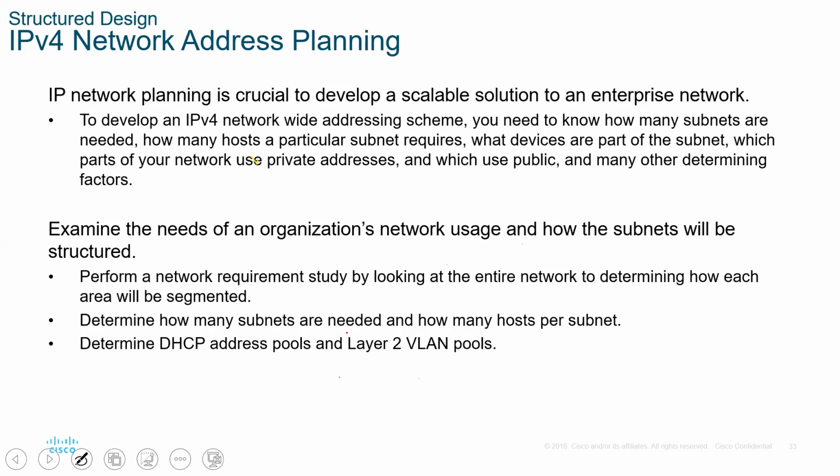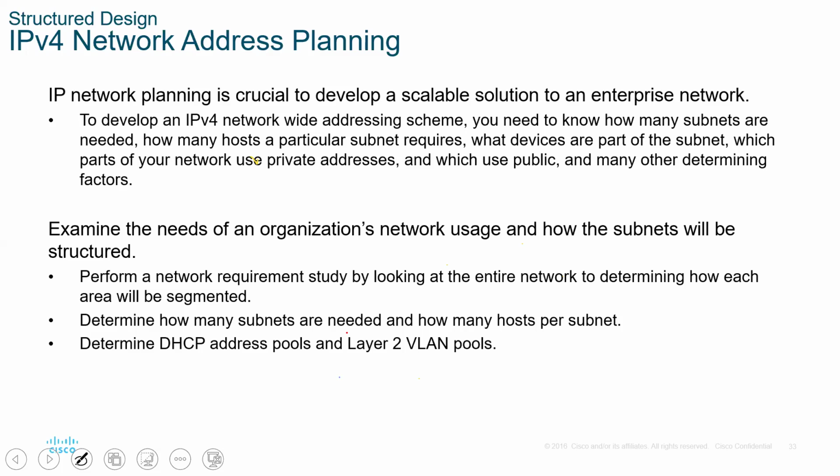To develop an IP version 4 network-wide addressing scheme, you need to know how many subnets are needed, how many hosts a particular subnet requires, which part of the network uses private IP addresses and which part uses public addresses, and many other determining factors.